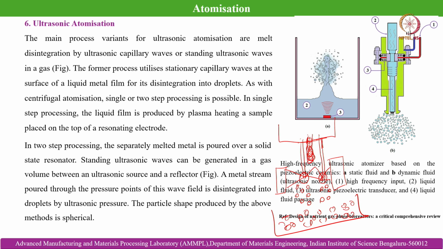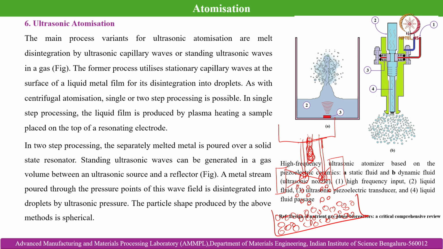So this way we can achieve very fine powder particles, although it is a costly process and it demands specialized equipment. So in two-step processing, this is how we can achieve it. The standing ultrasonic waves can be generated in a gas volume between an ultrasonic source and a reflector.